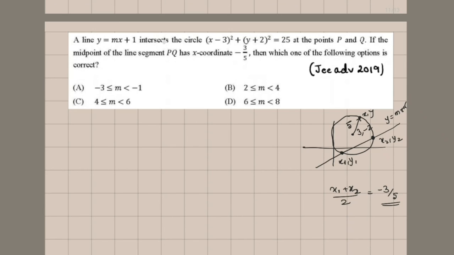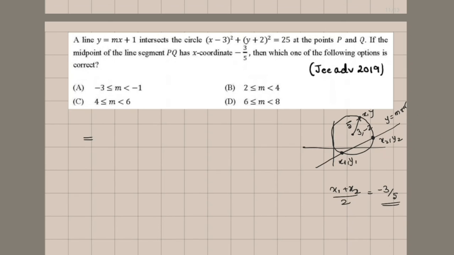Intersection point is nothing but we need to solve these two. If you put y equal to mx plus c in this equation, you get a quadratic equation in x. The two roots of that quadratic equation are nothing but x1 and x2, because there are two intersection points.